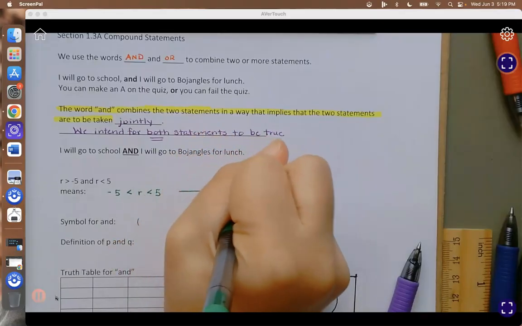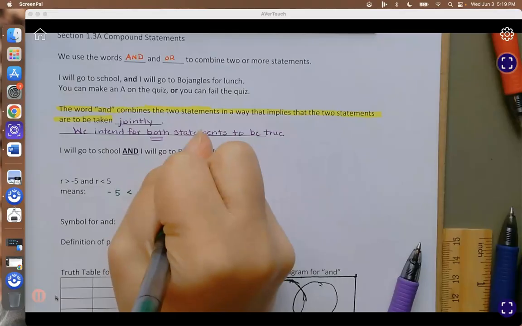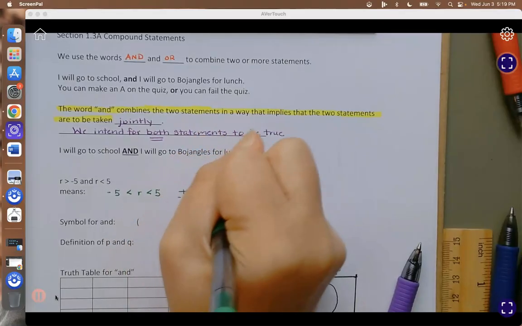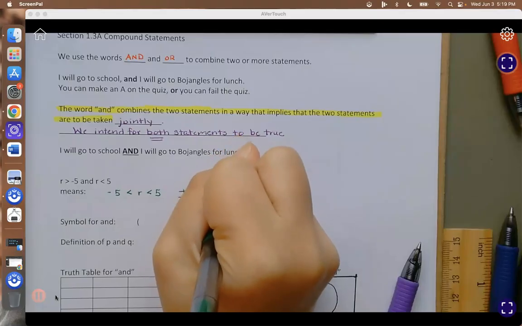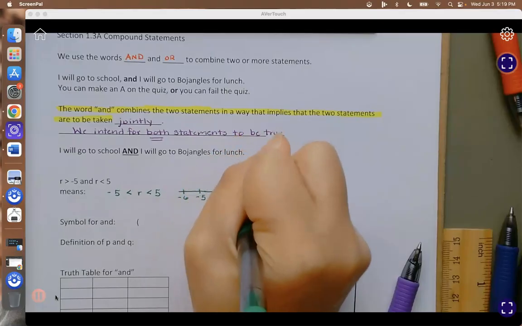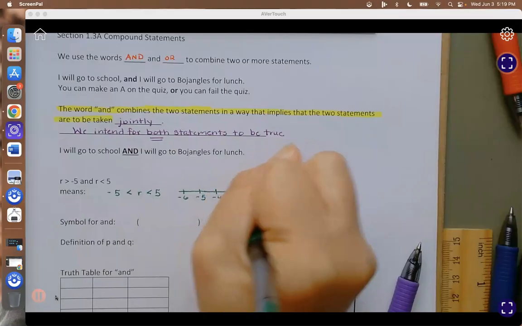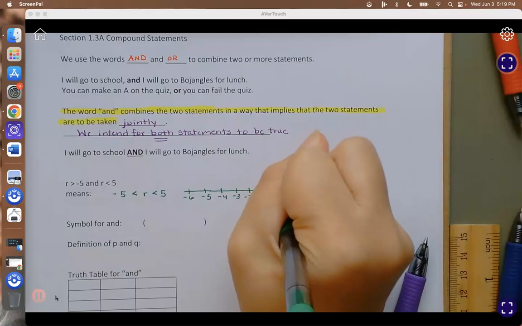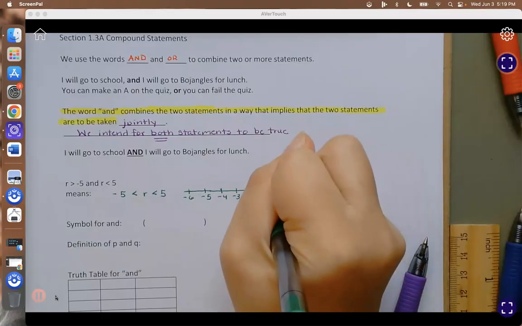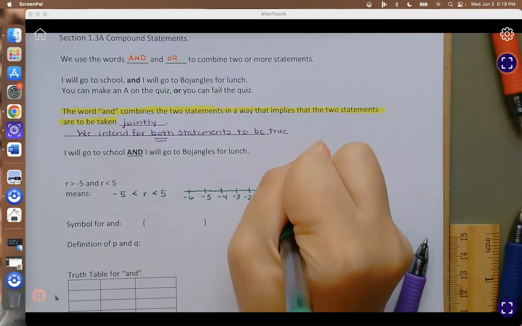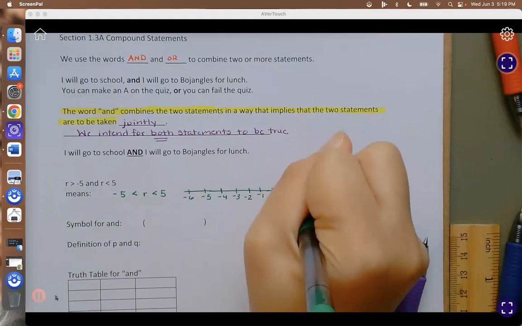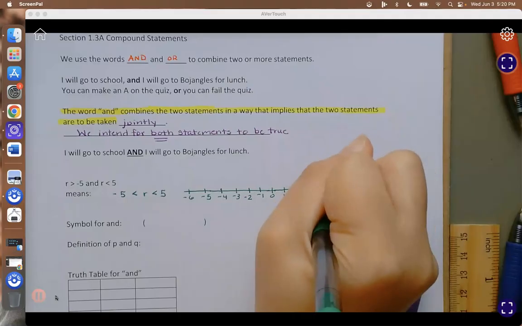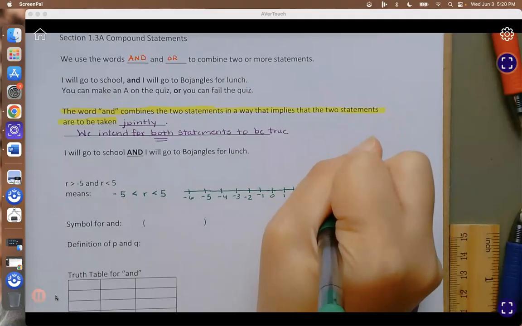Okay, so what that means is this. If you're looking at a number line, let's have -6, -5, -4, -3, -2, -1, 0, 1, 2, 3, 4, 5, 6.